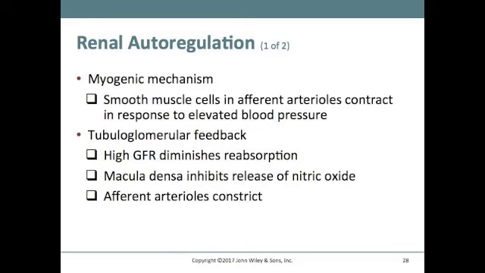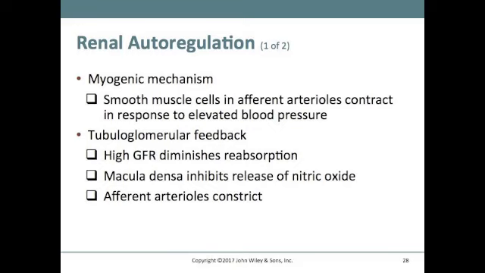The myogenic mechanism occurs when stretching triggers the contraction of smooth muscle fibers in the walls of afferent glomerular arterioles. As the blood pressure rises, the glomerular filtration rate also rises because the renal blood flow has increased.